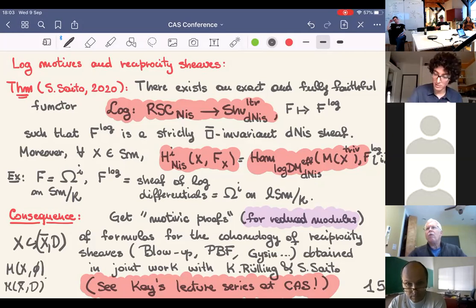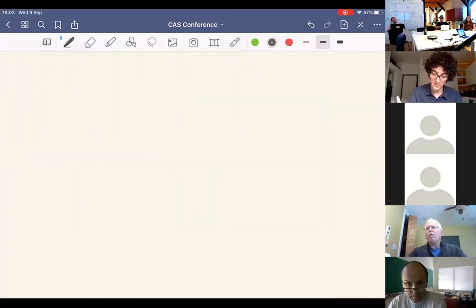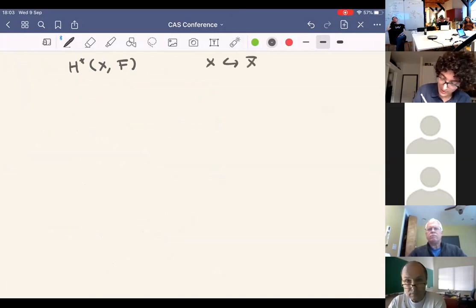So in general, these gadgets have filtrations. So we have something like cohomology of X on F, with X inside X bar as before.